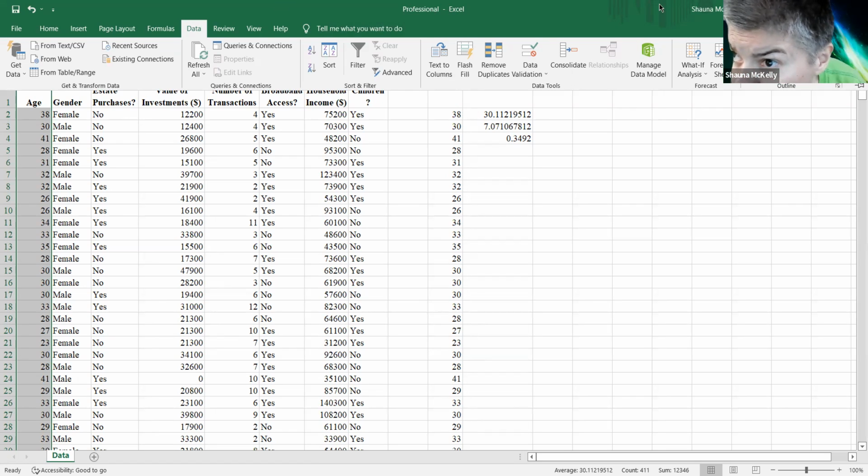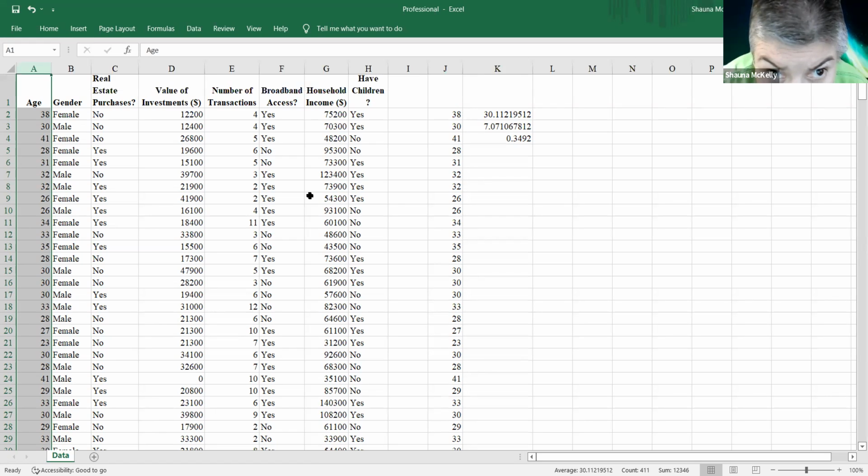It's in the top right corner of the data tab.